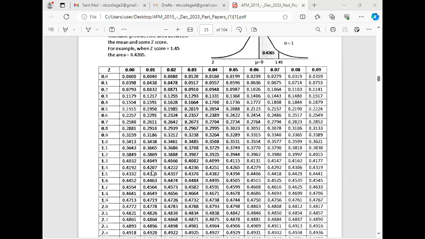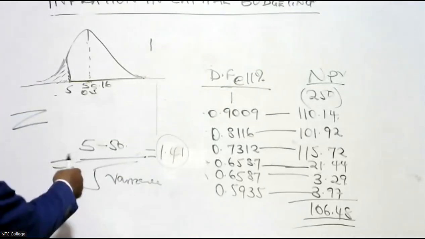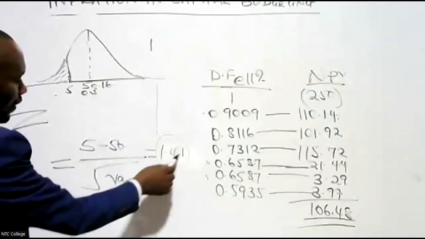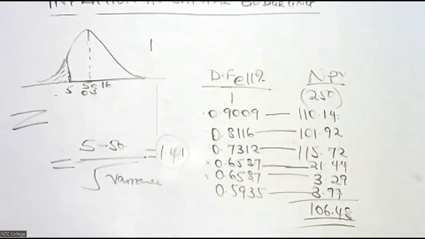This is the probability. If it is 1.0, then you look at 1.0, then look for where 4 is. Here. So it is 1.04, 4 is this one. It will be 0.3. So that is how you are supposed to check. Look for the figure that you're going to get from the table, and then you get the probability.